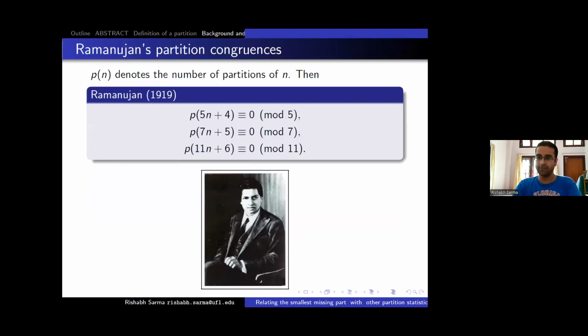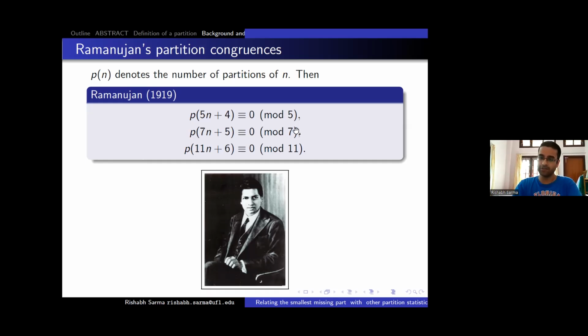Any standard talk in partitions always has the famous congruences of Ramanujan, which he proved in 1919. If p(n) is the number of partitions of n, then the number of partitions of 5n plus 4 is divisible by 5.